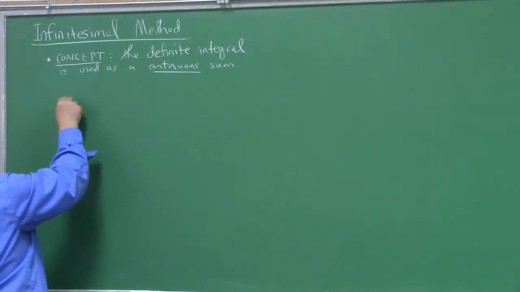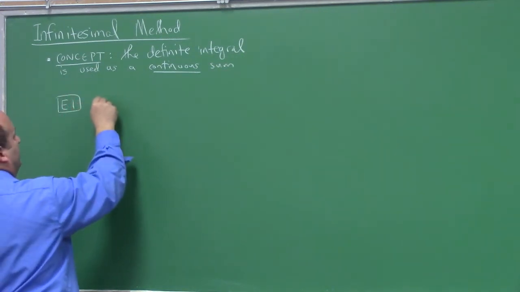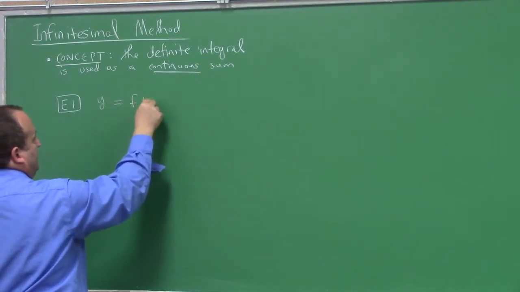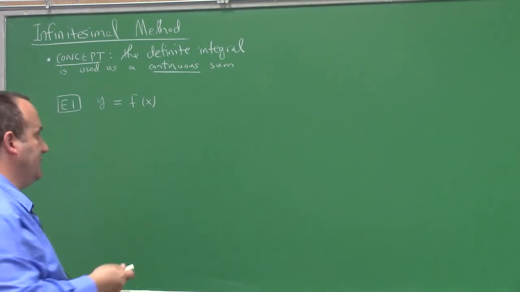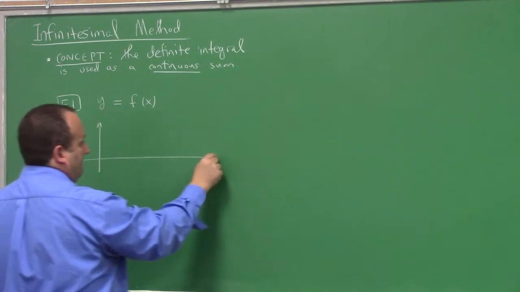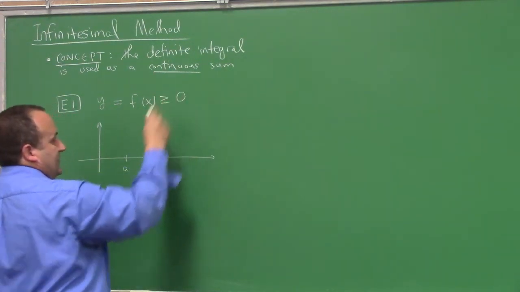So example 1, we have y equals f of x. And suppose we want to calculate the area from A to B. And let's suppose that f of x is greater than or equal to 0.